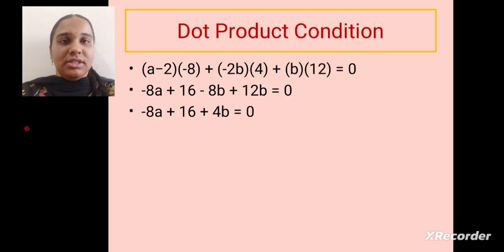And the dot product of these two is gonna be, we're gonna substitute a minus 2 into minus 8, plus minus 2b into 4, plus b into 12, is equal to 0.